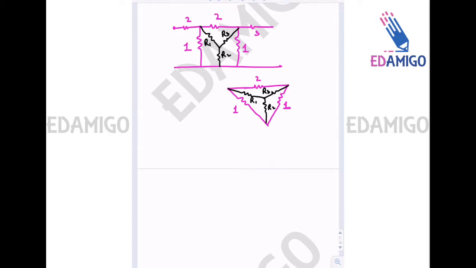So R1 is equal to 1 into 2 divided by 1 plus 2 plus 1, that is 2 by 4, that is 1 by 2. Similarly, R2 is equal to 1 into 1 divided by 4, that is 1 by 4, and R3 is equal to 1 into 2 divided by 4, that is 1 by 2.